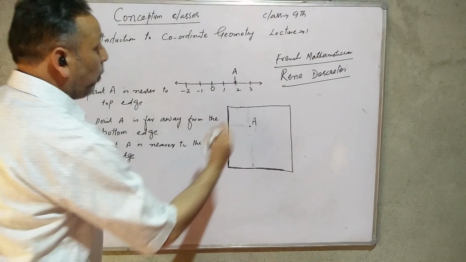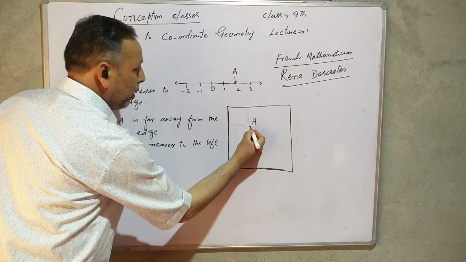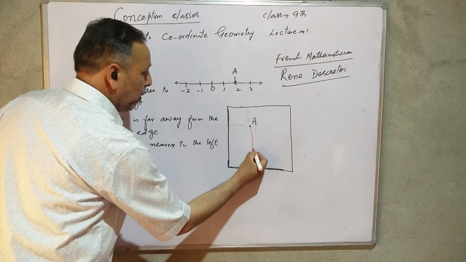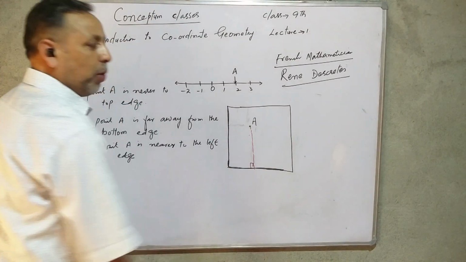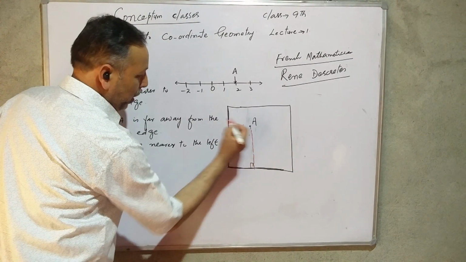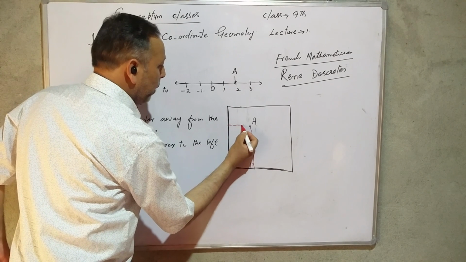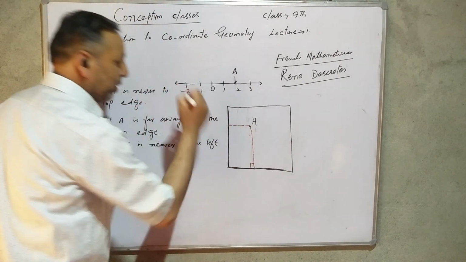Then from this point A, you draw a perpendicular on the bottom edge, and from the same point A, you draw a perpendicular on the left edge.